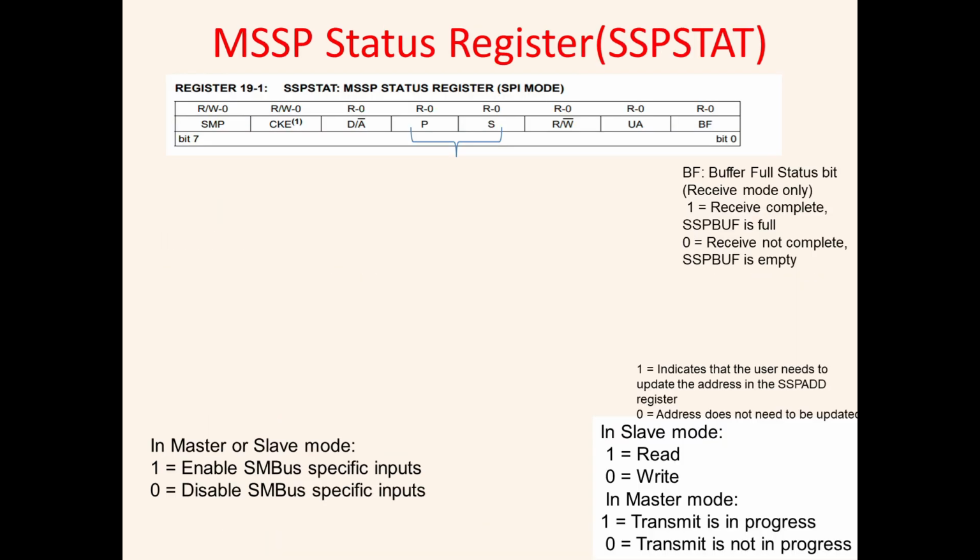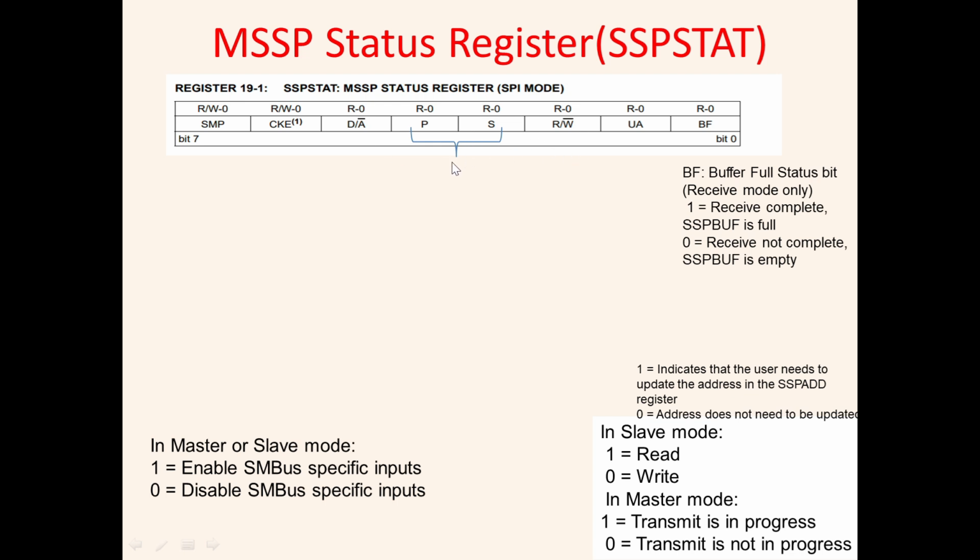Now in MSSP, under the I2C mode, registers are used. Out of those, the very first is the SSPSTAT register, which is the status register. The same register is used in SPI mode, but a few changes are required.